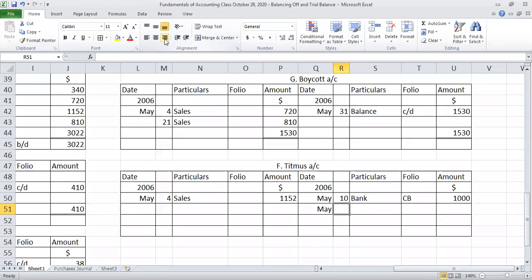All right, in this case now, both sides, right? The debit side is 1,152, and the credit side is 1,000. So you're going to subtract the 1,000 from the 1,152, and you will get 152 in that case.